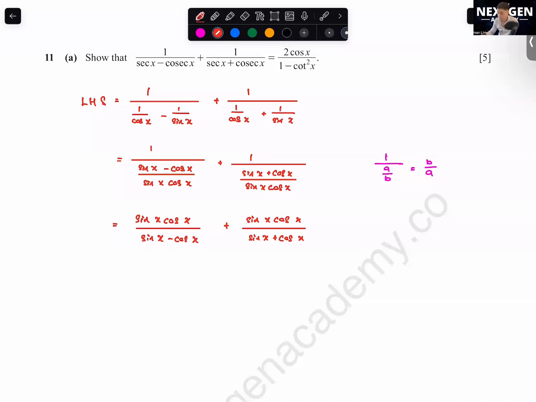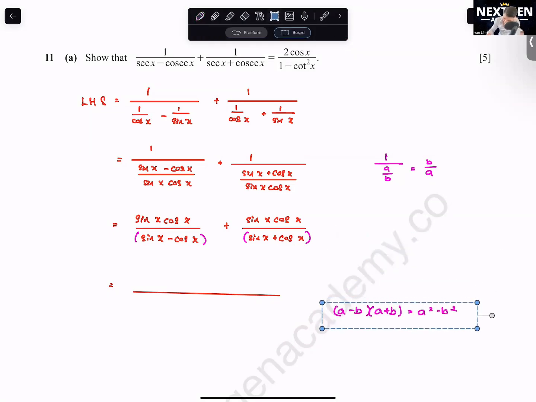Okay, what will you get here? I want to make it into one fraction. So at the bottom, your denominator, you'll get (a minus b)(a plus b), where you eventually get a square minus b square. Maybe I'll write in the next line.